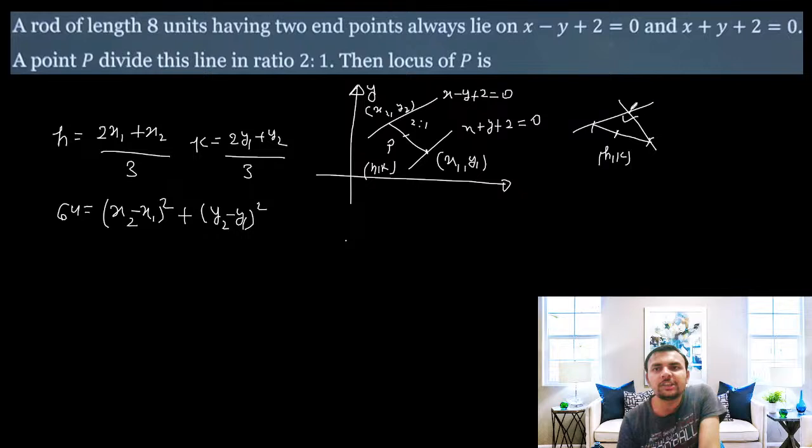The point of intersection is minus 2 comma 0.